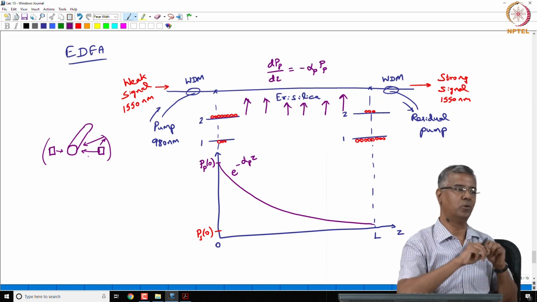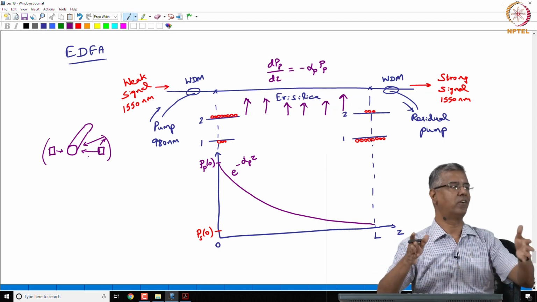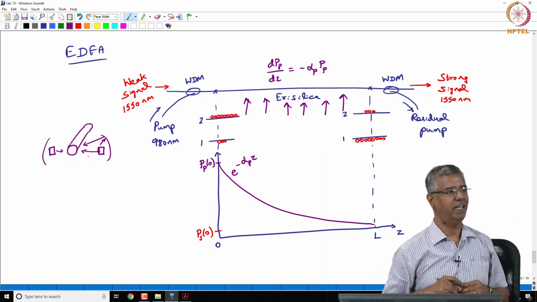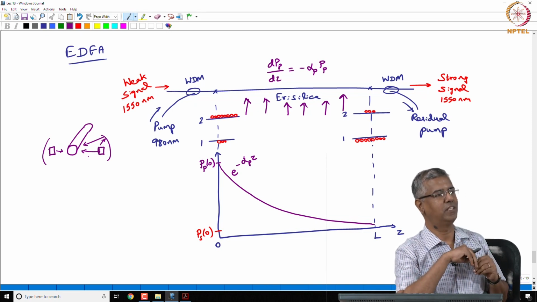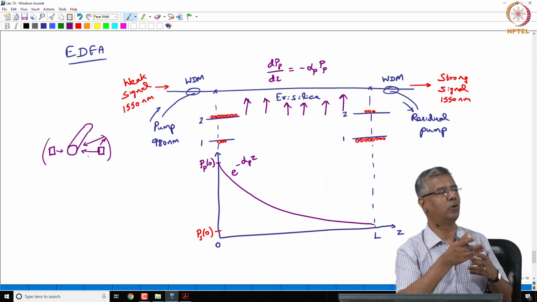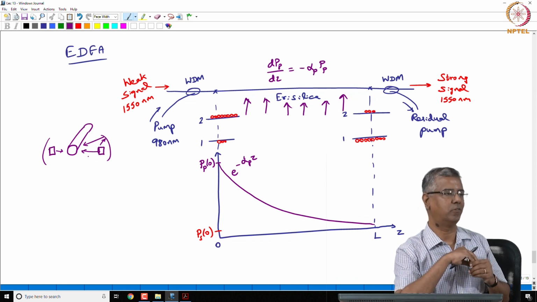You are not trying to keep the fiber straight and maintain that focus all along the length of the fiber, right. So, you are launching at only one point. And how do you launch light into a single mode fiber? You have already done that, right. So, you know how to launch light into a single mode fiber. So, that is quite straightforward.